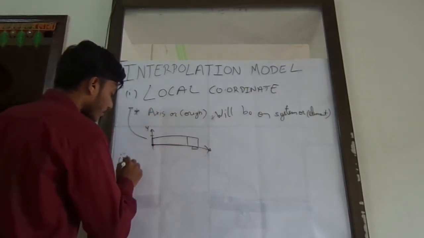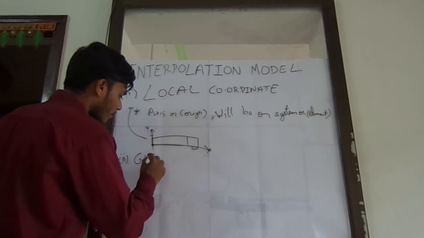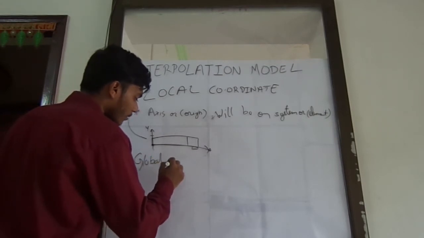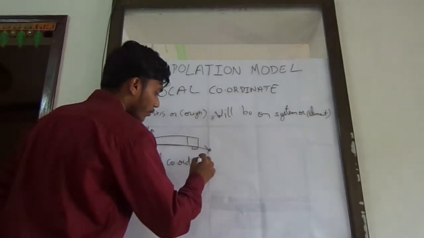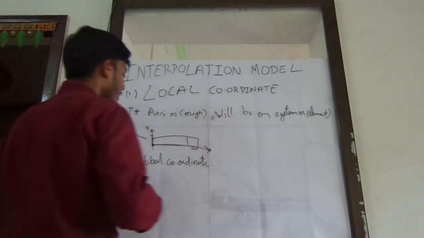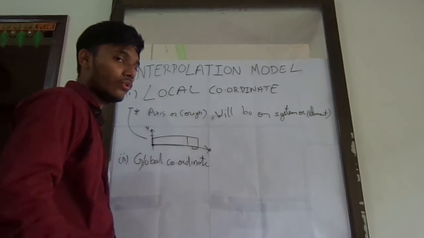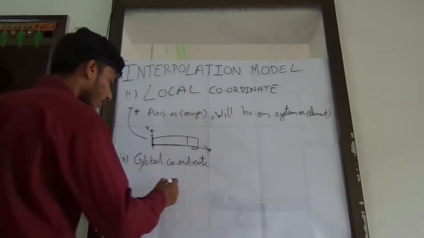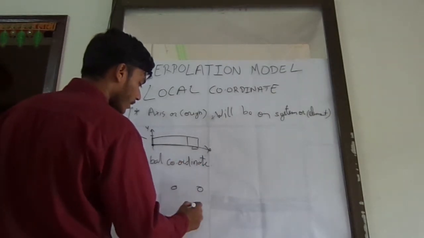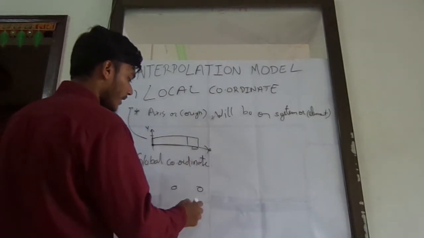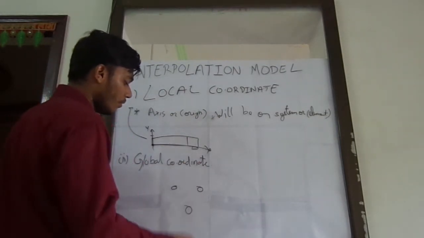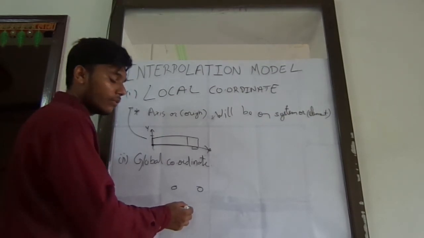Second is global coordinate. So why do we use global coordinate? Let us say you have 2 or 3 elements, more than one element. You have one element here, one here, and one here. It is not possible to take the axis on each element every time. So for this element the x and y coordinates will be different.